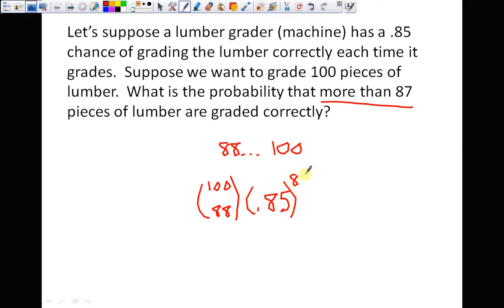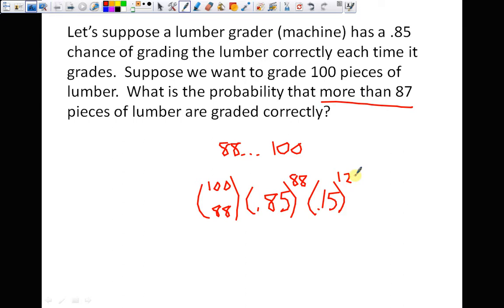That would be 88. Okay. Times the probability of failure, which is 0.15. How many failures do we want? We want 100 minus 88. That would be 12. Now, this gives us the probability of getting exactly 88 successes.